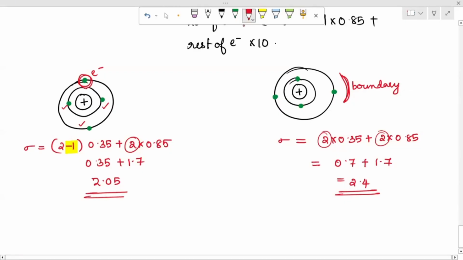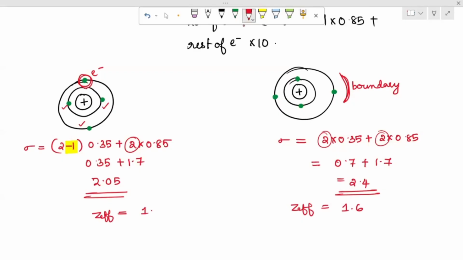So this is the difference in the screening constant, and hence the Z effective will also be different. Here it will be 1.6. Here it will be 1.95. So this is about the Z effective on the electron or at the periphery.